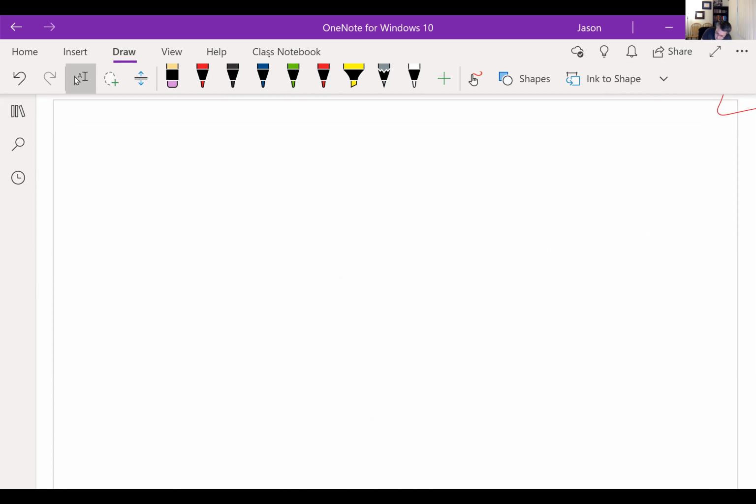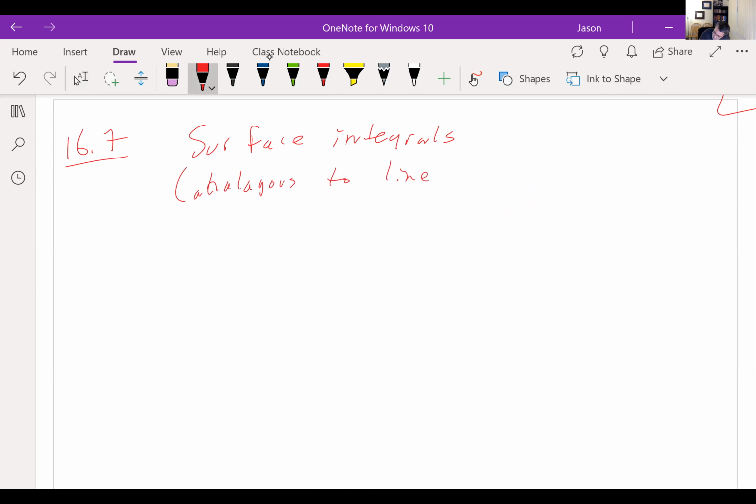So 16.7, surface integrals. Analogous to line integrals. So instead of doing a line integral, now we're doing a surface integral.